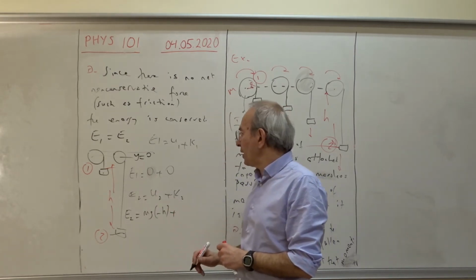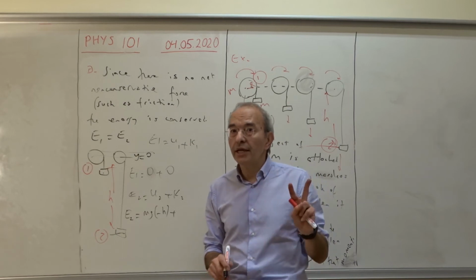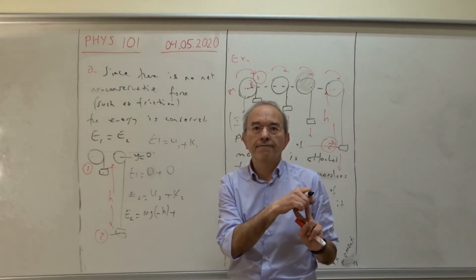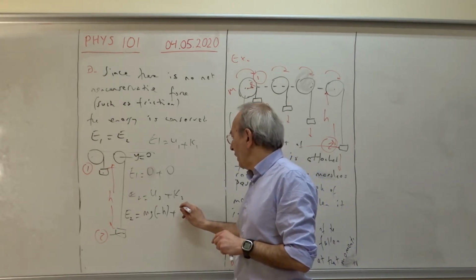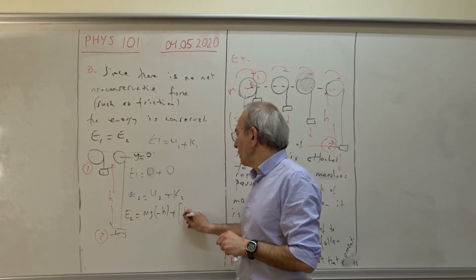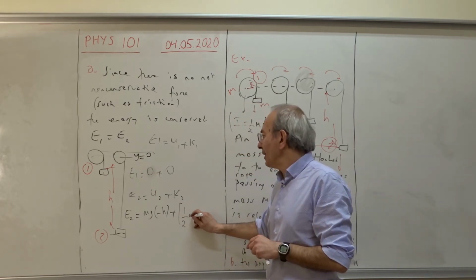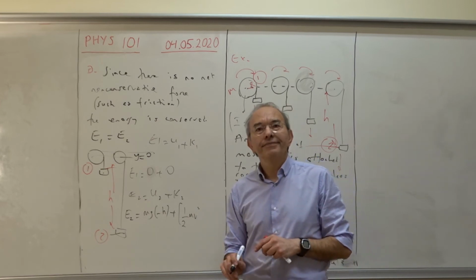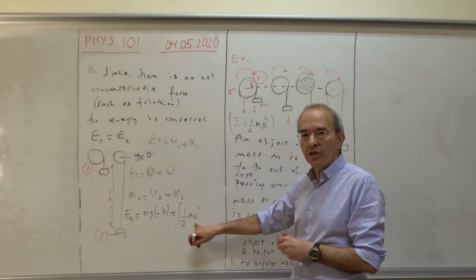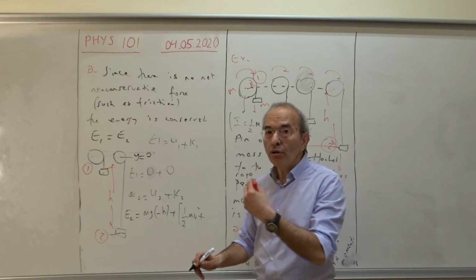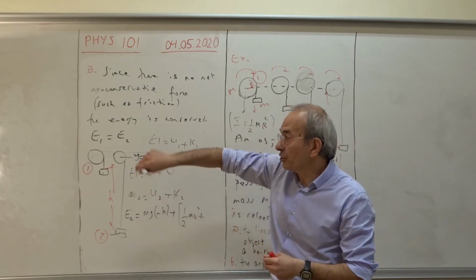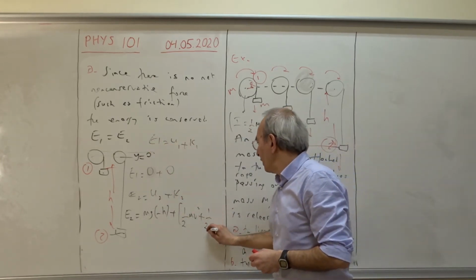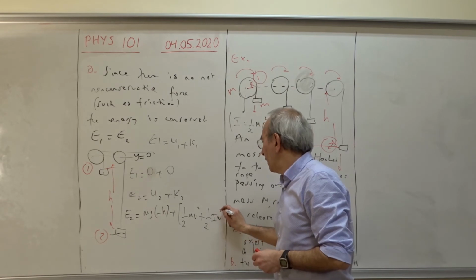But plus kinetic energy. There are two kinetic energies, one for the block, one for the disk. One is 1/2 little m v squared, where we don't know v, plus the other one, which has only rotational kinetic energy, 1/2 I omega squared.